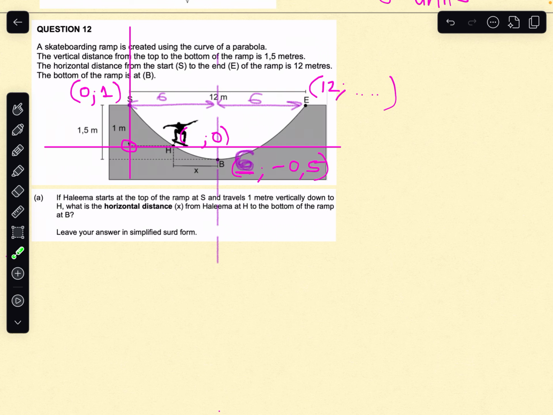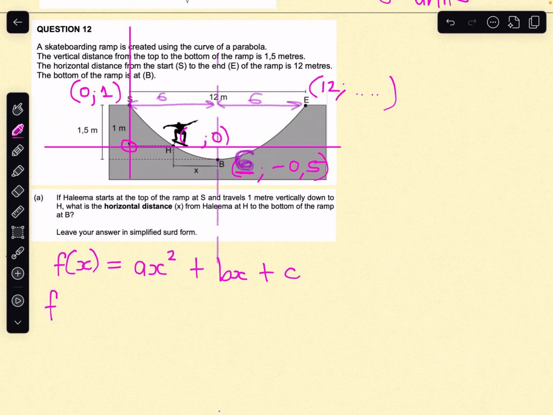And what do we know about this curve? We have this point, we have the turning point, which tells us a lot. So let's say that the curve is given by the form blah blah blah.